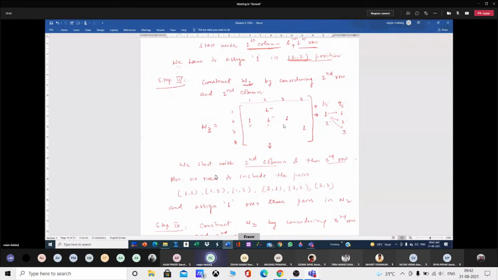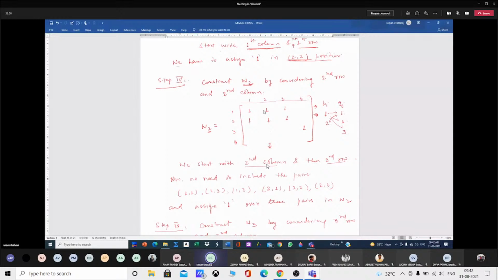So what we do in this step: in the 1, 1 position, I assign 1. Then in the 1, 2 position, we already have 1 over here. In the 1, 3 position, assign 1. Now the 2, 1 position. We already have positions 2, 2 and 2, 3.